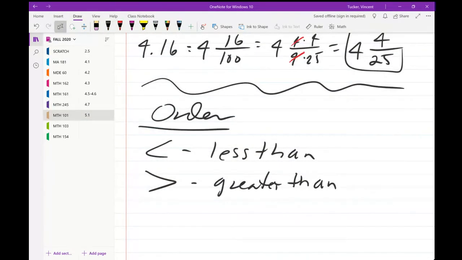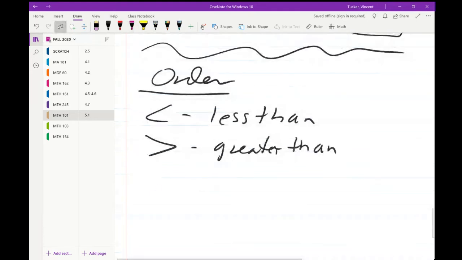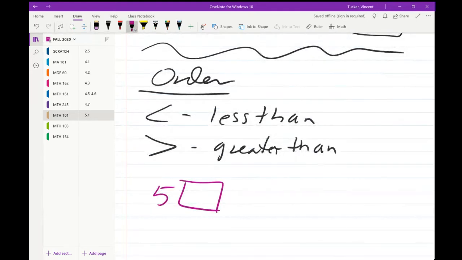All right, the next part of the section talks about less than and greater than. Don't forget how we will use these. Even if you forget what words go with which symbol, the mouth of your symbol will always be open to the greater of the two.